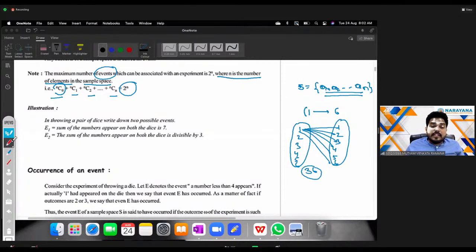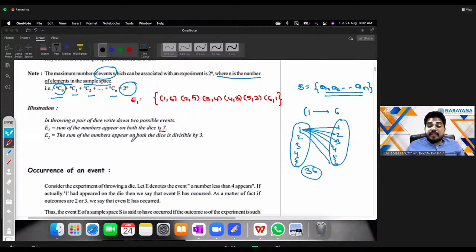Out of these 36, the event E1 is the sum of the numbers on both dice being 7. On the first one, 1 6, 2 5, 3 4, 4 3, 5 2, 6 1.